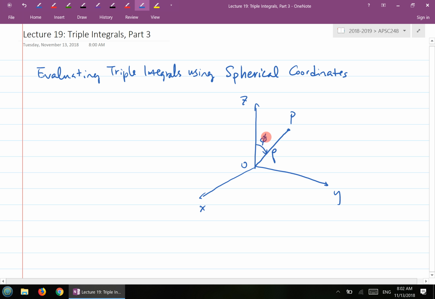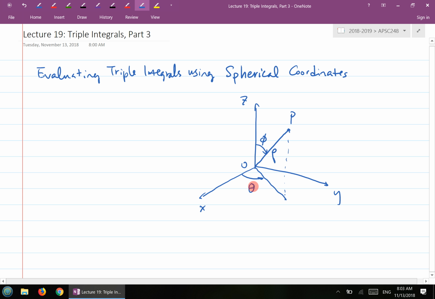use the angle between the vertical z-axis and OP and denote it as phi. So this is the vertical axis, so the phi angle always starts from the z-axis and goes up to where OP is. And lastly, if you drop this point P into the xy plane and connect O with that point, there will be another angle from here to here.